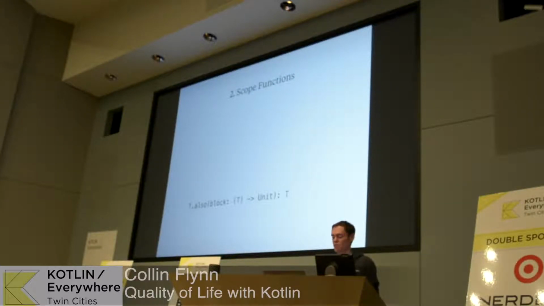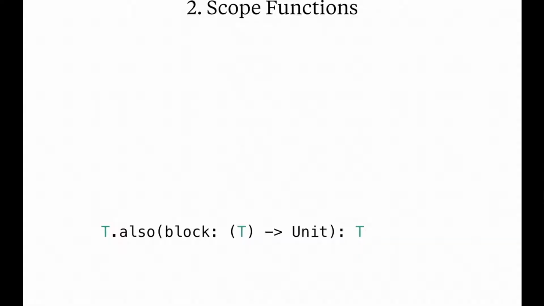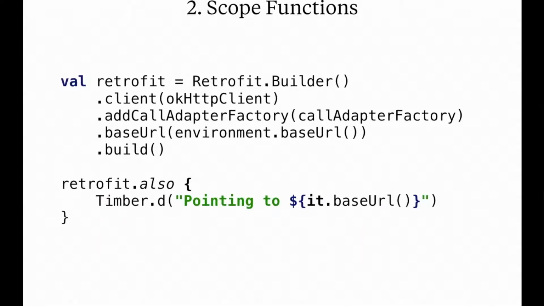So that could be something like logging, right? So I'm building an instance of retrofit. And in addition, I just want to perform a bunch of side work. One of those statements might be a log statement. I'm using retrofit as it, in this case, which has a base URL, and I'm pulling fields off of it, but it's read-only. I'm not mutating it more.